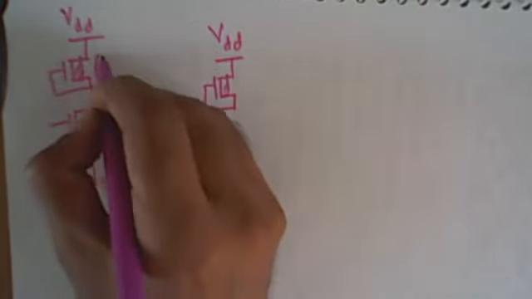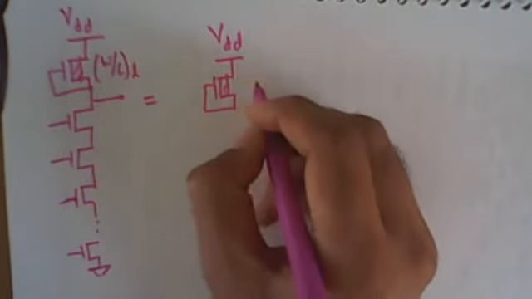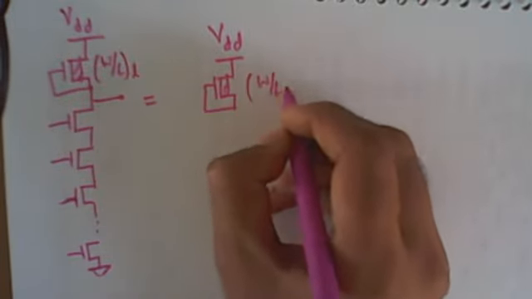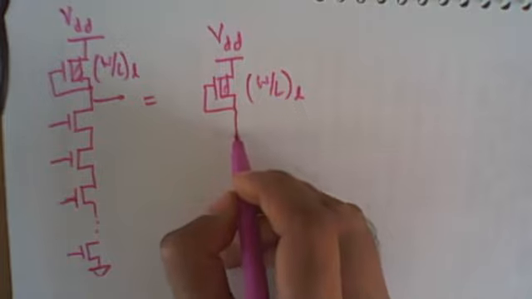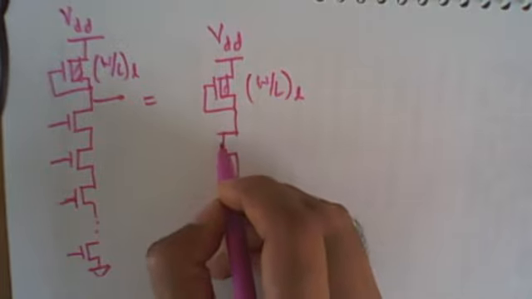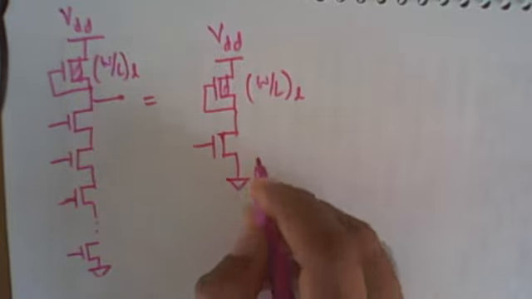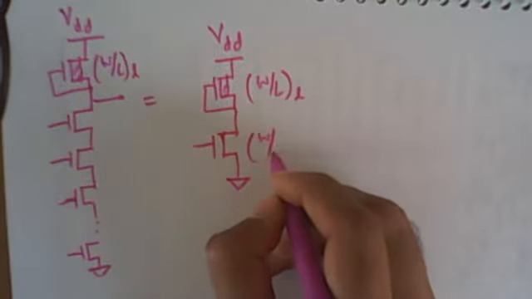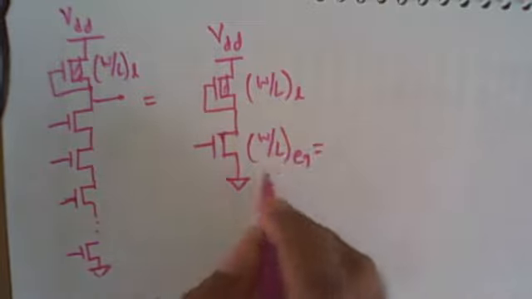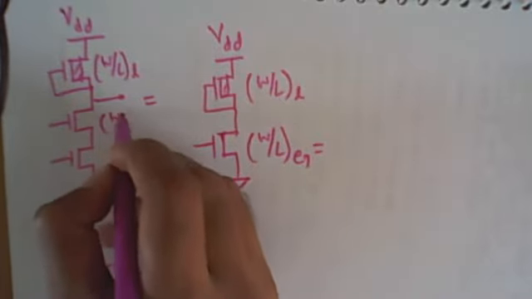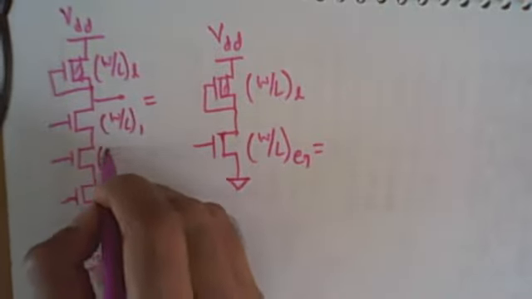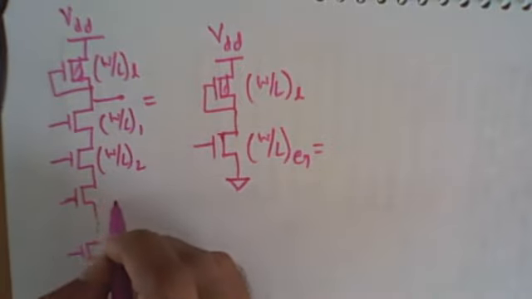Whatever the W upon L of the load, it is the same as the W upon L of the load in the equivalent inverter structure. The inverter structure has only one driver MOSFET, so the equivalent W upon L of this driver MOSFET can be found from the W upon L of this NAND gate structure.